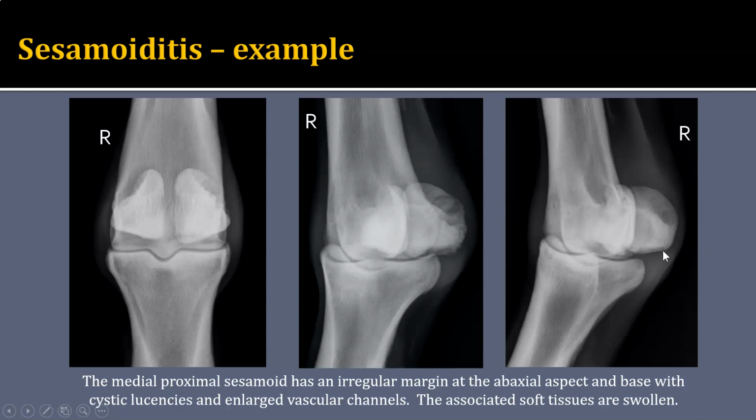The lateral proximal sesamoid is actually pretty normal in this patient. Again, sometimes little subtle lucencies might be hard to determine if they're normal or abnormal. And then remember, these findings indicate chronicity, and there may or may not be current active problems.